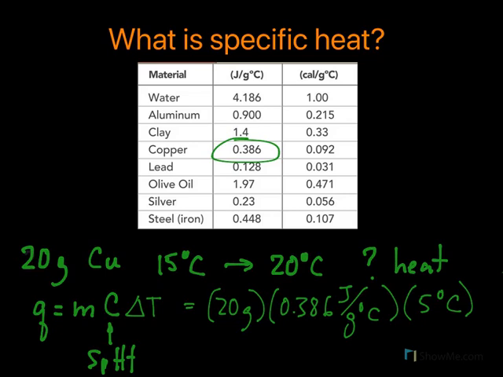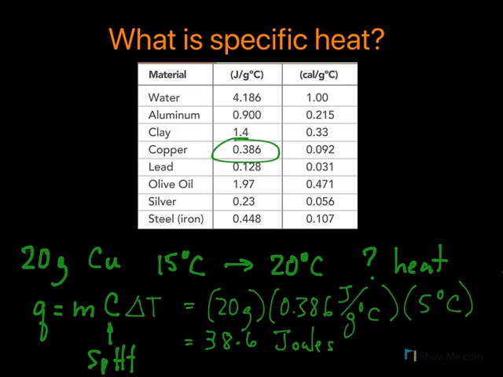So doing this and plugging it into the equation, we figure out we need 38.6 joules of heat to be added to the copper to increase the temperature by 5 degrees.